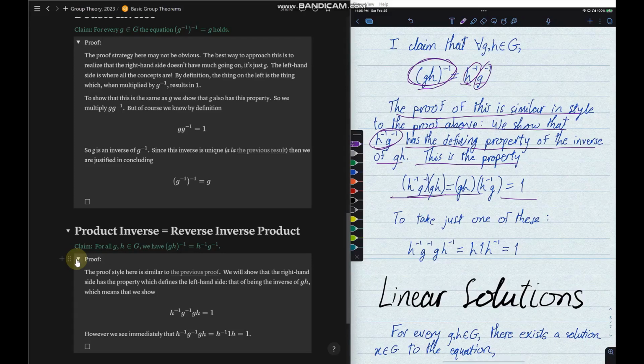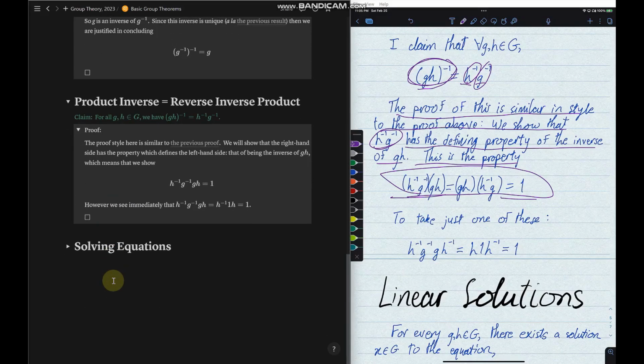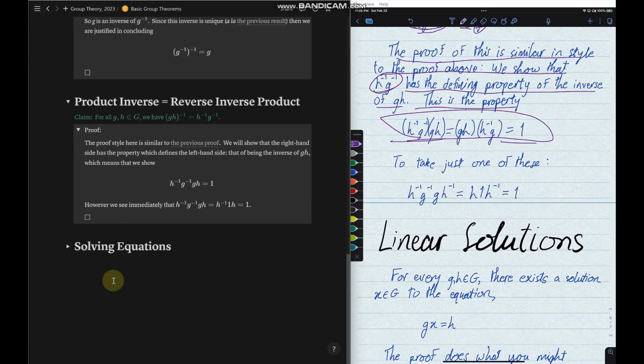So we need to show that this equation holds. But through just a couple cancellations, we get it pretty quickly, right? These middle two g inverse g's cancel to 1, and then the 1 can just disappear, and then hh inverse turns into 1, and we're done. QED. Should have written it here. QED.